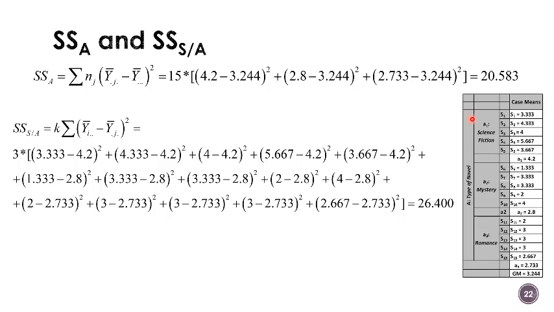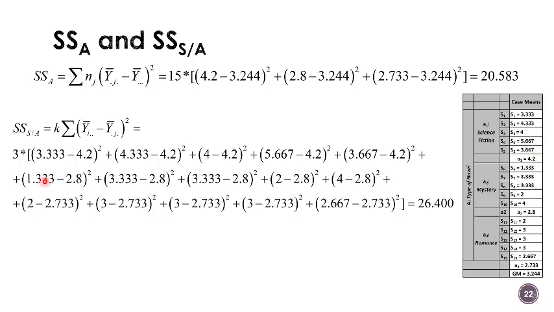So 3 things averaged and then averaged again 5 times gives us 15 different numbers being averaged to get our group means. We're looking at S within A. We're going to compare each one of these subject means to their own group mean. So that's why it goes 3.333, 4.334, 5.667, 3.667 for the first 5, all subtracting out 4.2.